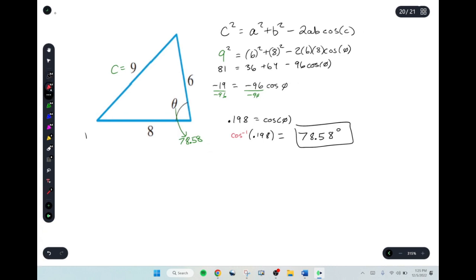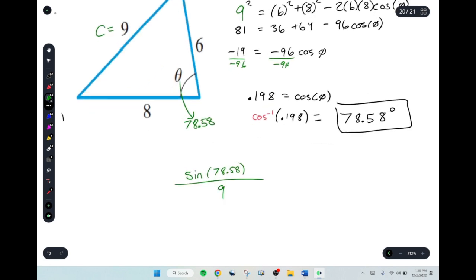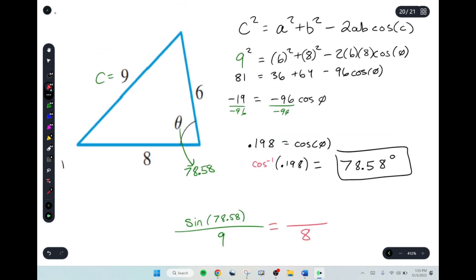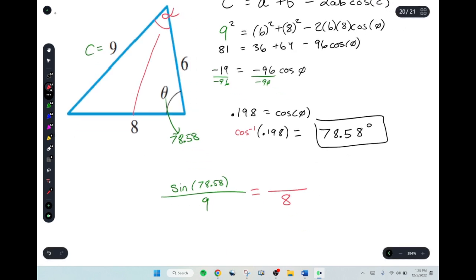The law of sines, which says that the sine of 78.58, the green one, divided by 9, because that's opposite of it, better equal 8 underneath, let's call this alpha, because they already said theta, over the sine of alpha.